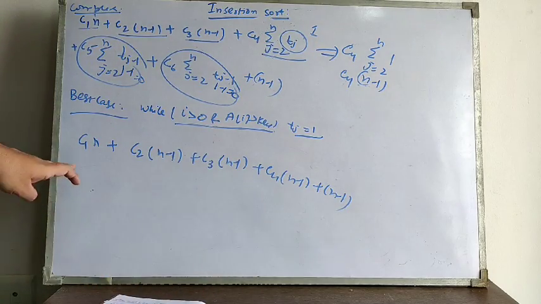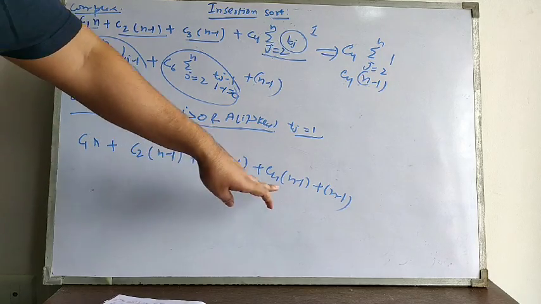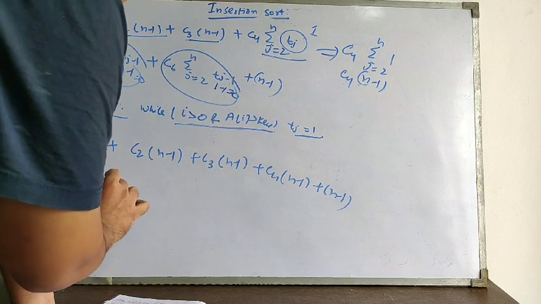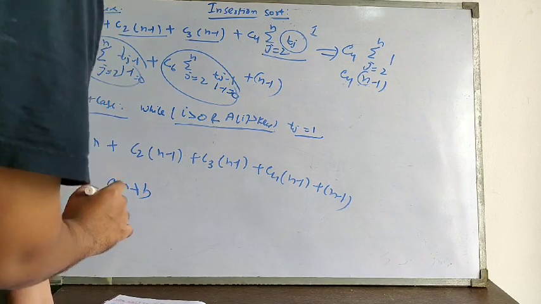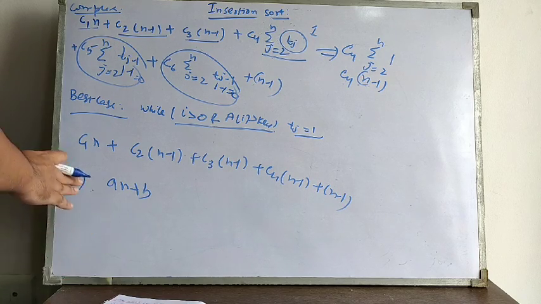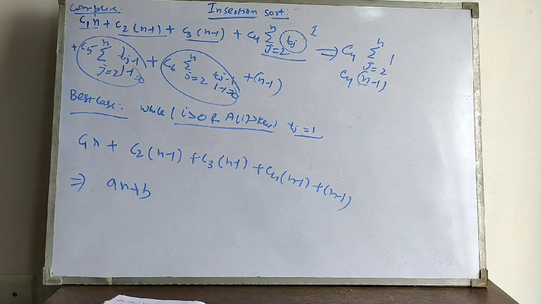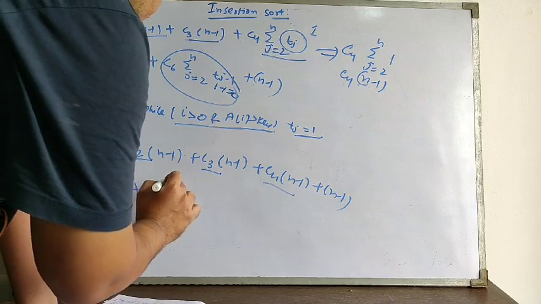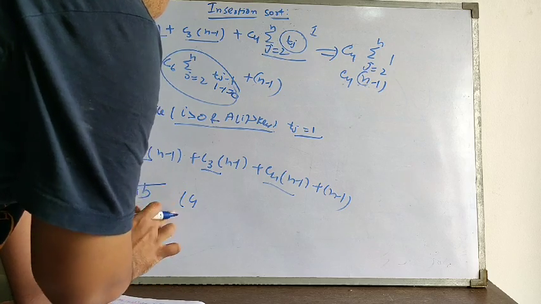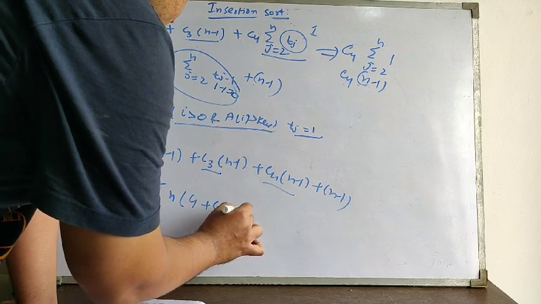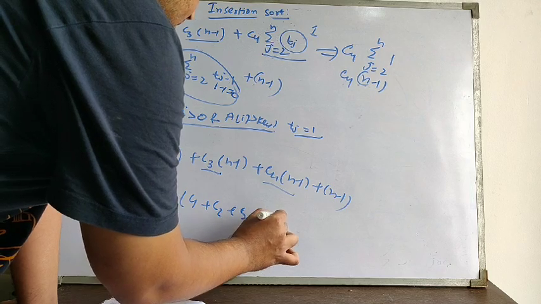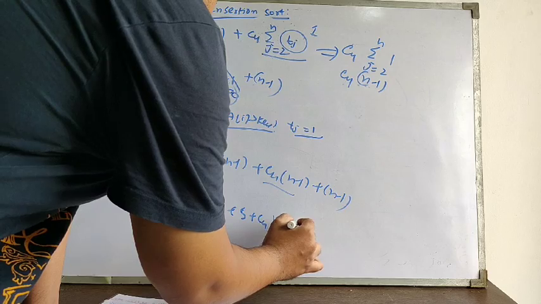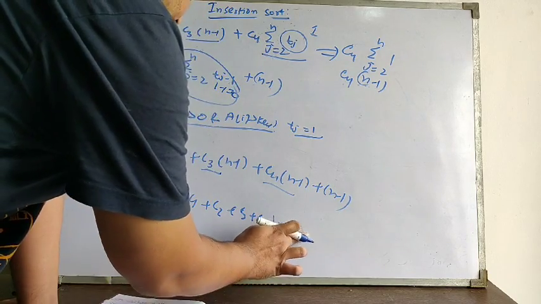If you look, all the terms are in the form of n, so it will look like an plus b. How does an plus b come? The idea behind it is, if I segregate these terms, this will look like n times (C1 plus C2 plus C3 plus C4 plus C5) and a constant.